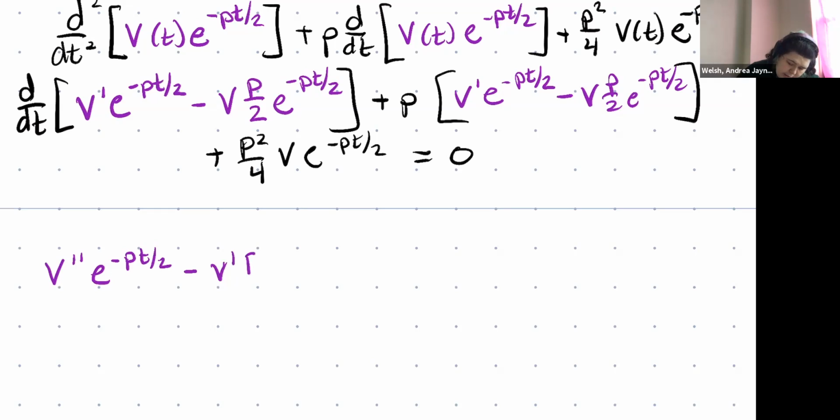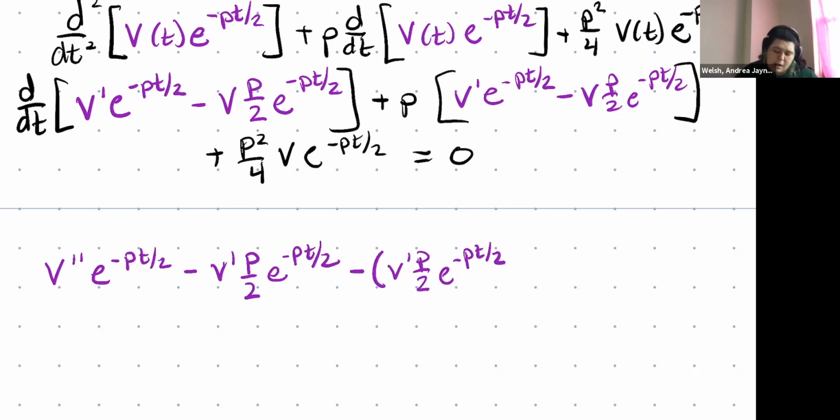So I get p over 2 e to the minus pt over 2. And now I have to take the derivative of that second term. I'm going to keep a minus out in front just so I don't have to worry about that minus. But we again take the derivative of v, and I'm going to keep everything else as is, pt over 2, e to the minus pt over 2.